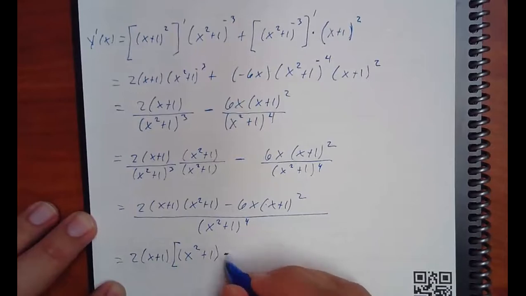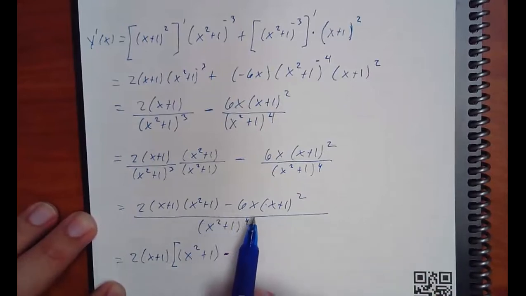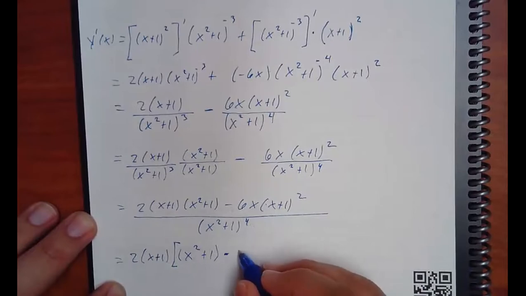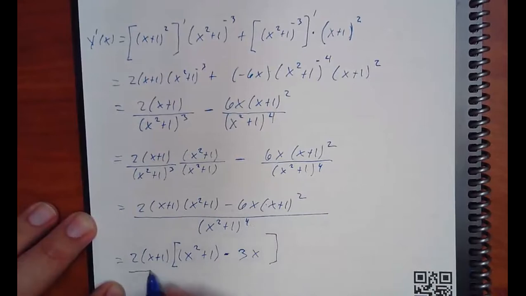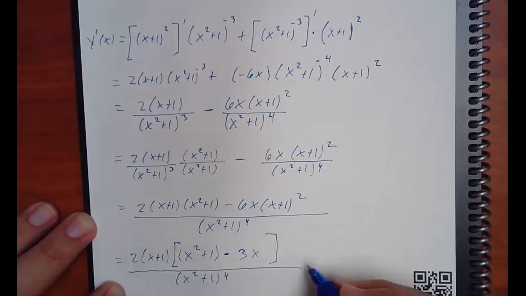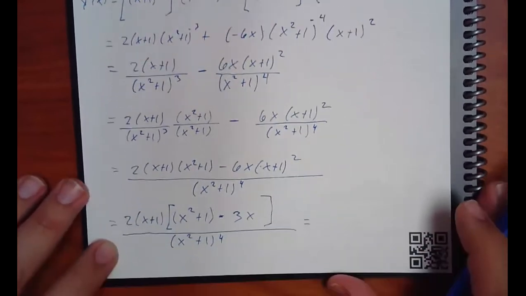minus, no, yeah, that's right. Minus 3x, which would then combine. I guess you could open that parentheses, but that's pretty much it.